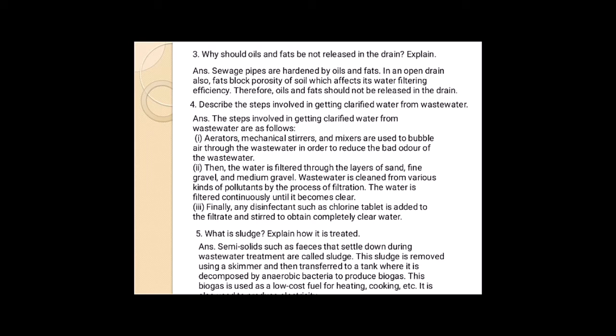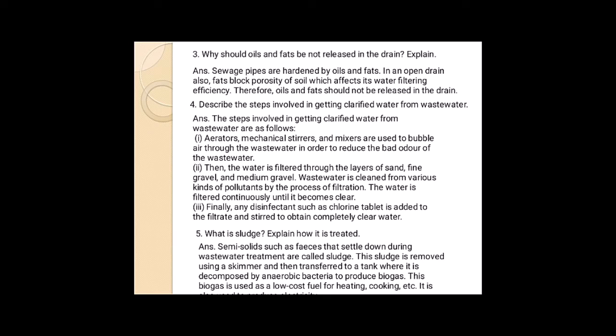In this way it is also used as manure, dried manure. We have discussed dried manure for the growth of plants. This sludge is removed using a skimmer and then transferred into an anaerobic tank, where it is decomposed by anaerobic bacteria to produce biogas.